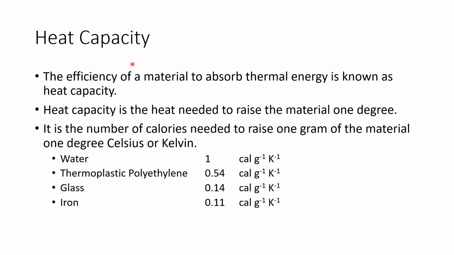Then we're going to review heat capacity. Heat capacity is just efficiency. Materials are efficient in many different ways, and this is one of them. That efficiency is that they can absorb energy.